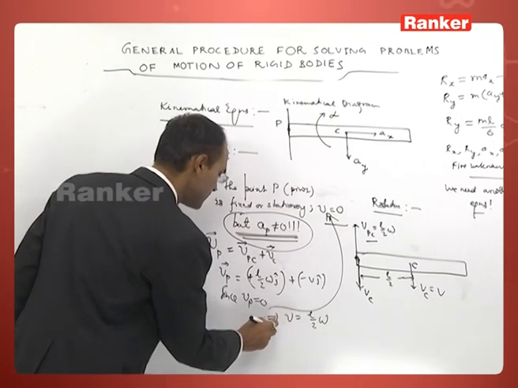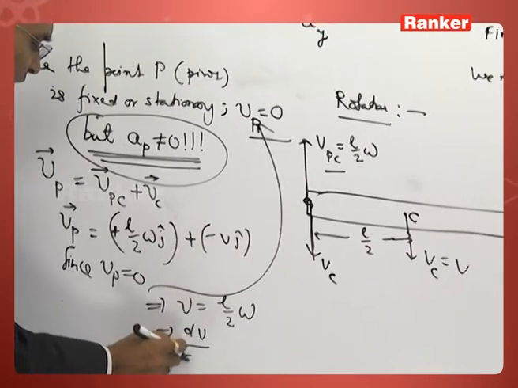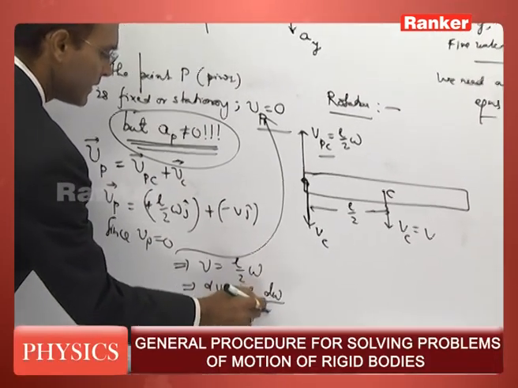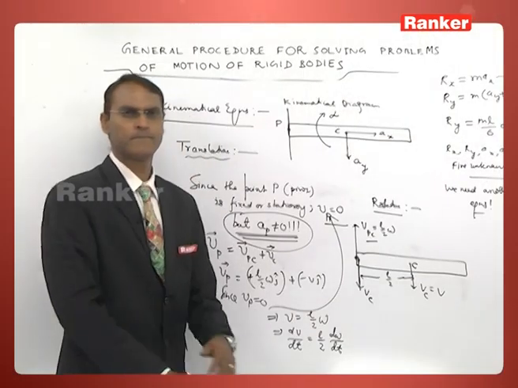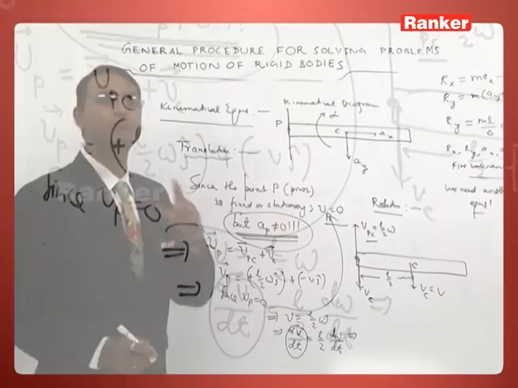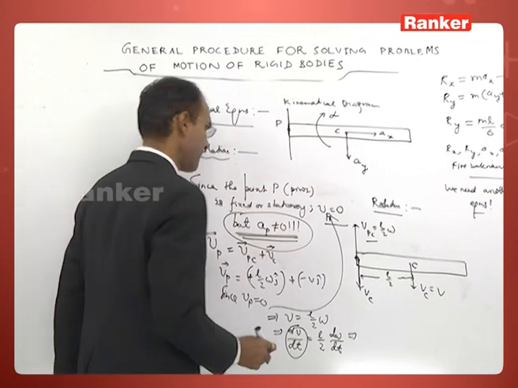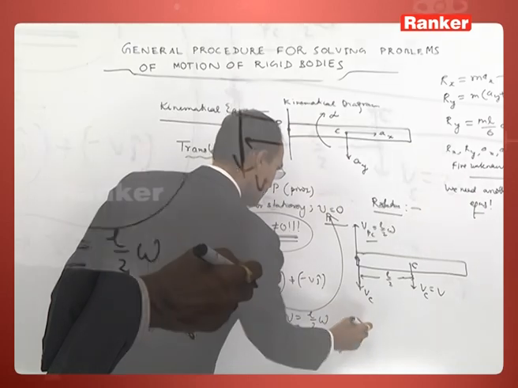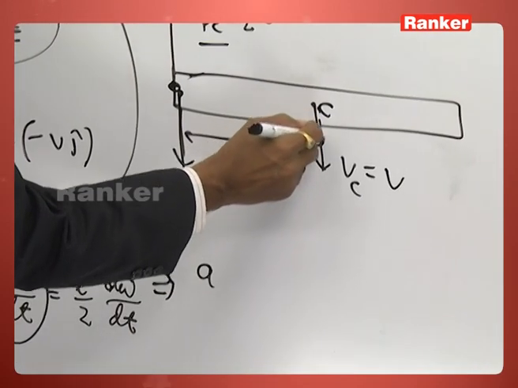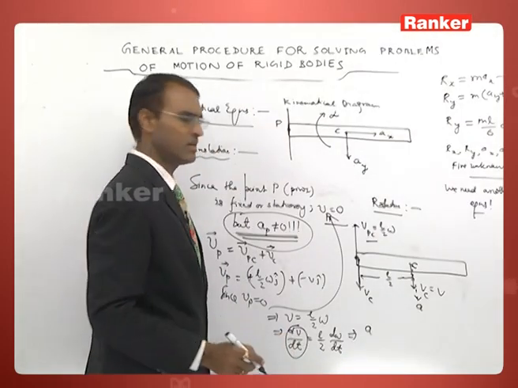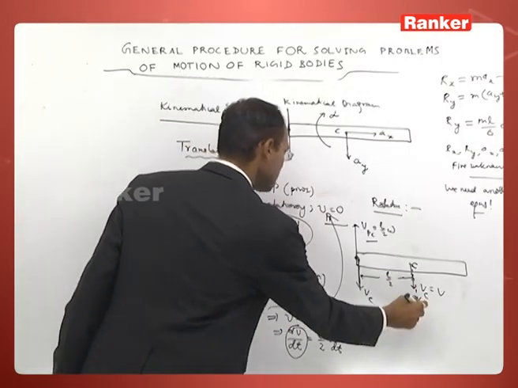Differentiating both sides, dV by dt is equal to L by 2 d omega by dt. And dV by dt is the rate of change of speed of the center of mass, that is equal to the acceleration of the center of mass in which direction?